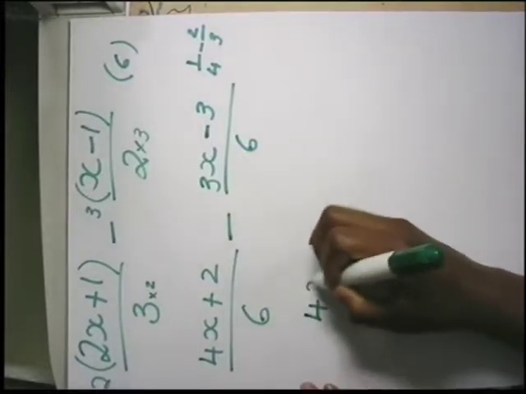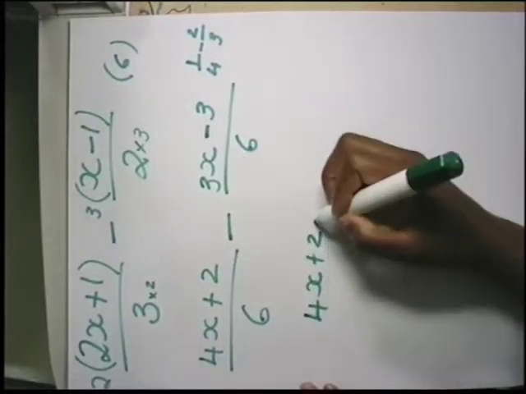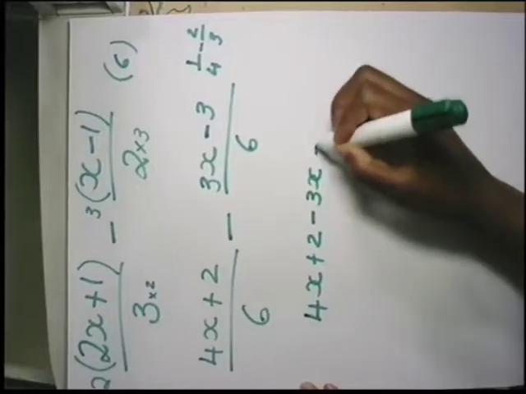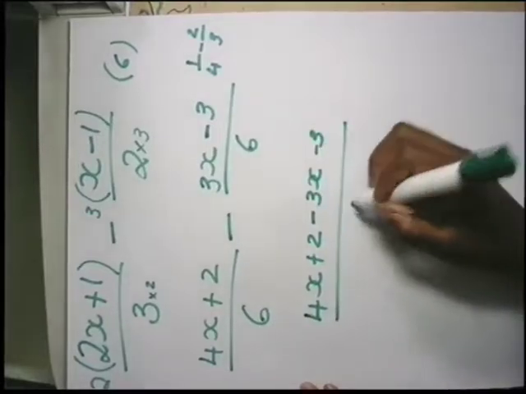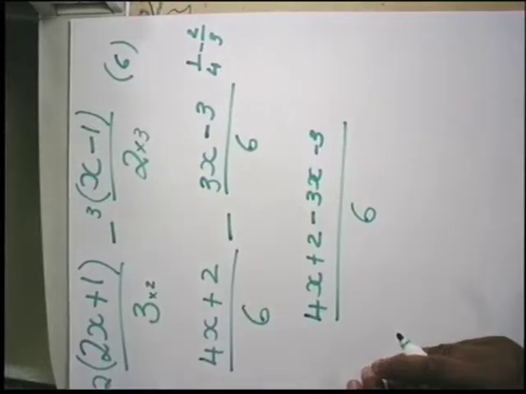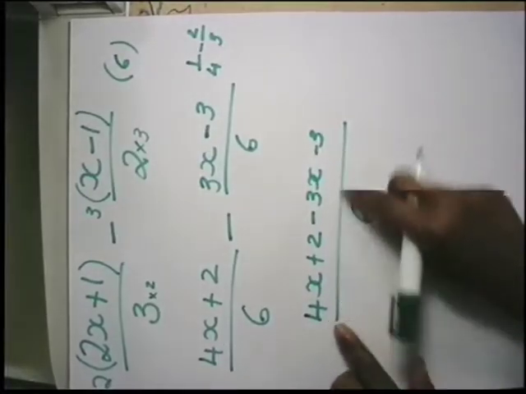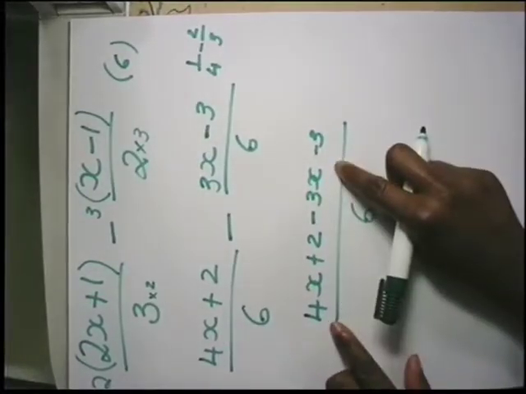So then we have 4x plus 2 minus 3x minus 3 over 6. Now this is what I have. Remember, in algebra we are working with like terms and unlike terms.